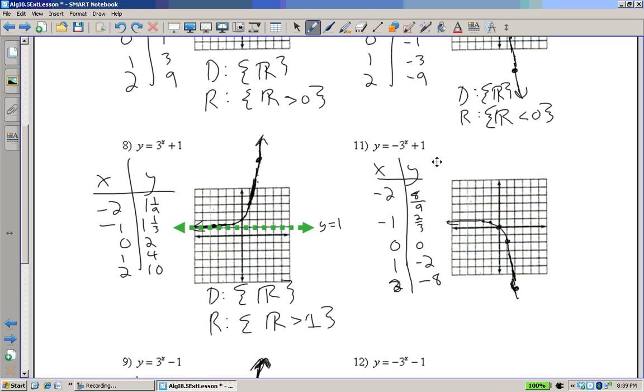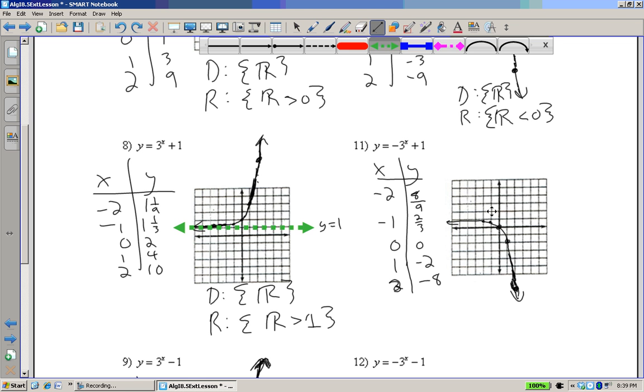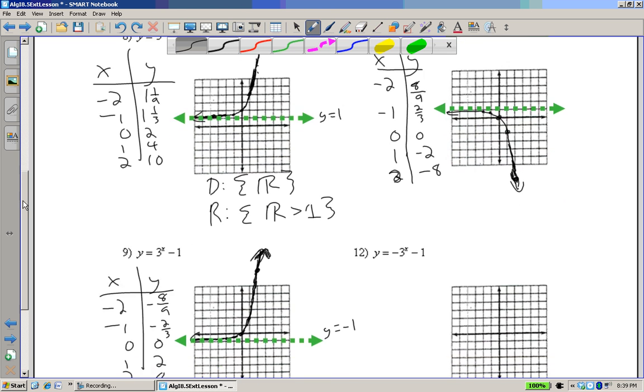And again, we have the horizontal asymptote of positive one, and one last for the graphing.